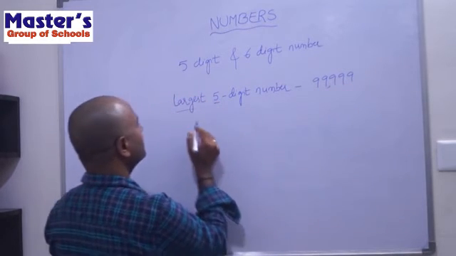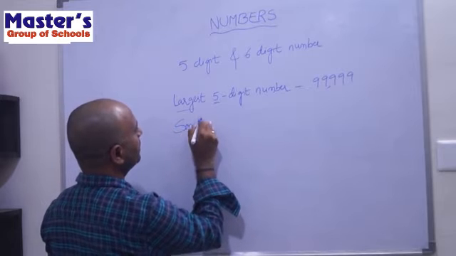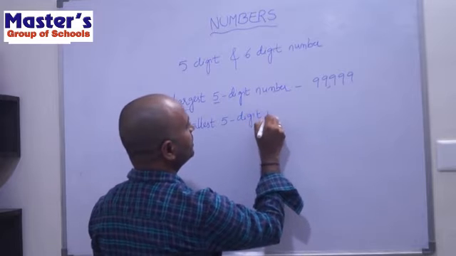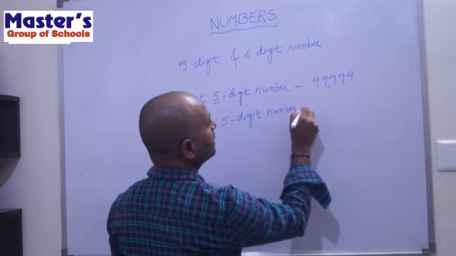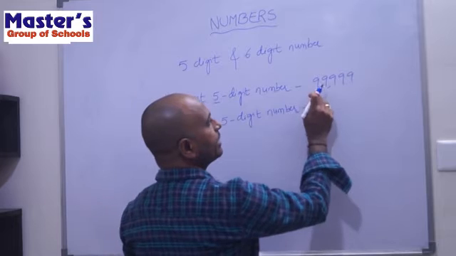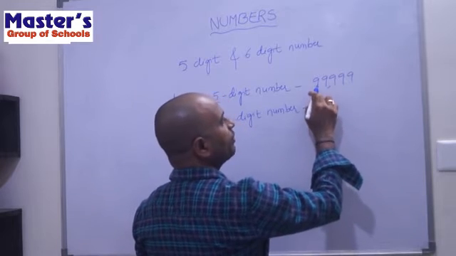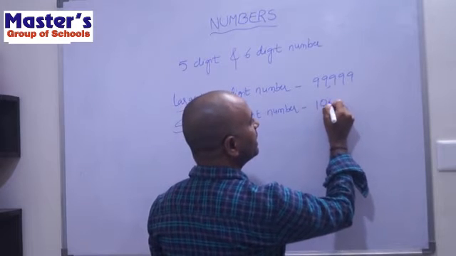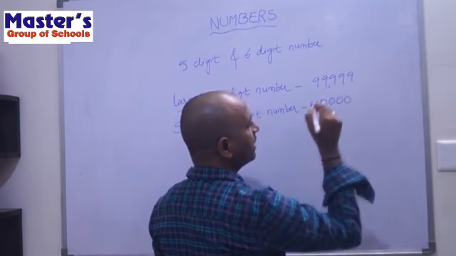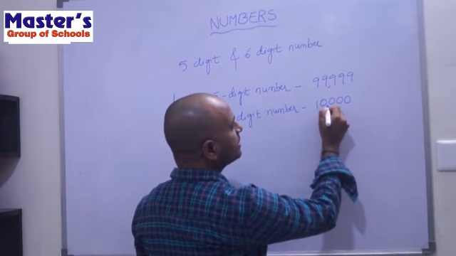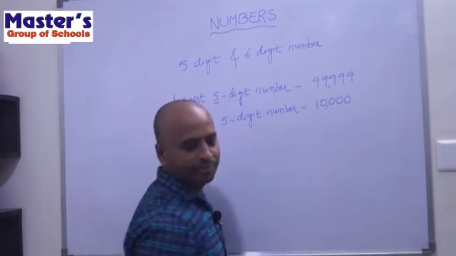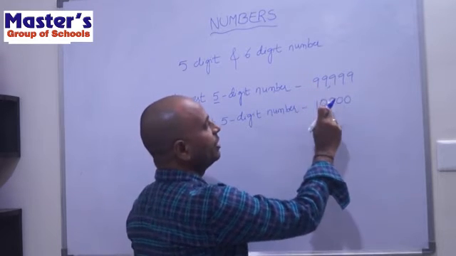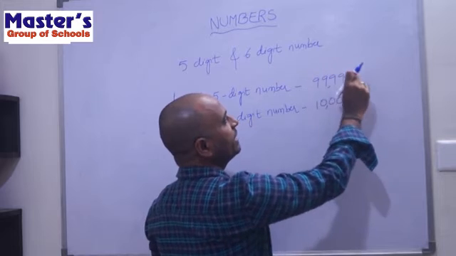99,999. And what is the smallest 5-digit number? The smallest 5-digit number can be obtained simply by writing 1 in the place of the first 9 and writing zeros in the places of the remaining 9s.